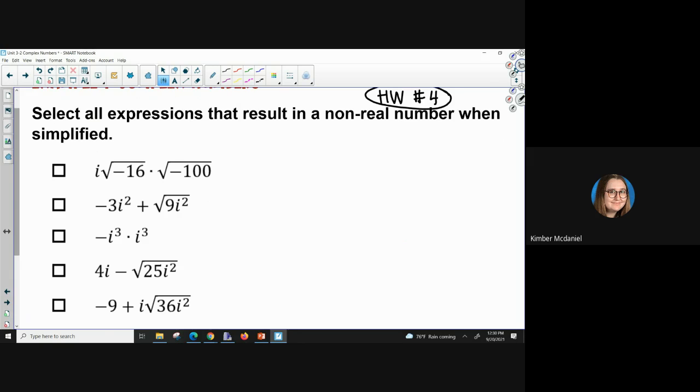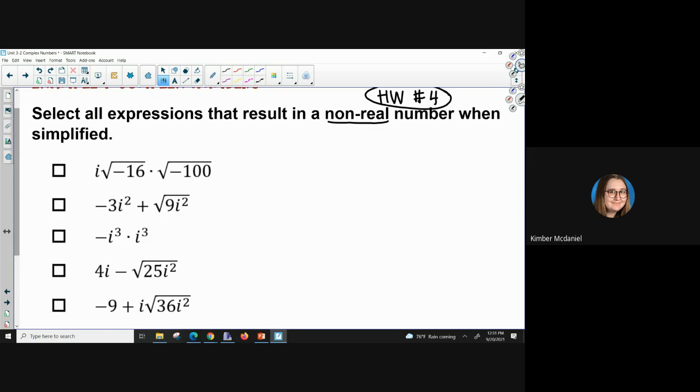This is also a common EOC question. The format that this is in is common on the EOC. So it says select all expressions that result in a non-real number when simplified. I want you to underline that non-real.